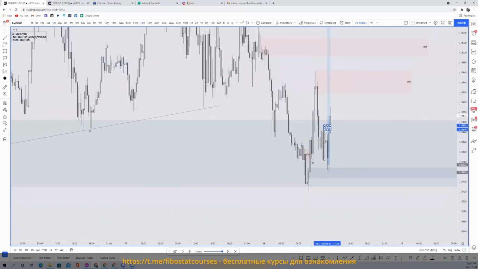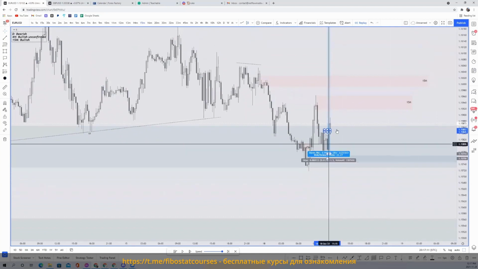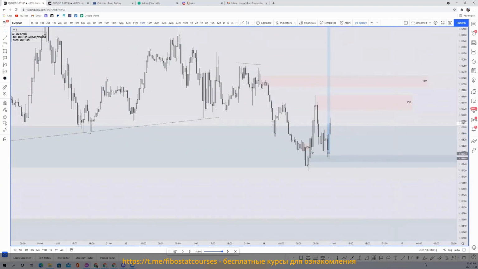How can you observe that my TP target, or this high, is weak? How can you identify this? Okay, so the reason I said this high here is weak: the job of this high is to run this low.